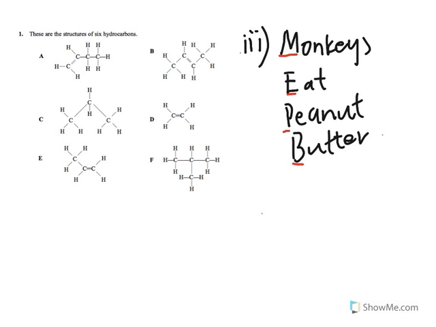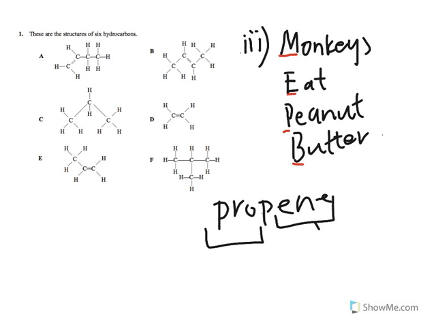Alright, question 3 asks you to figure out which structure is propene. To determine the formula for propene, the name is split into two halves, prop and ene. The ene suggests it's an alkene, so it has the general formula CnH2n.